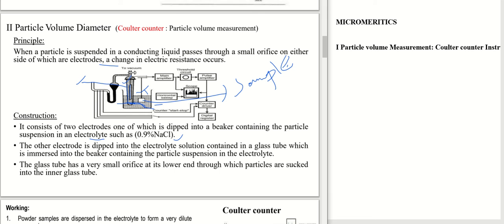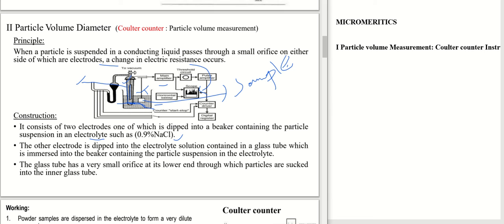Now all these electrodes will be connected to an amplifier, then to a monitor which shows the voltage differences, and that is connected to a monitor where the pulse changes will be read.